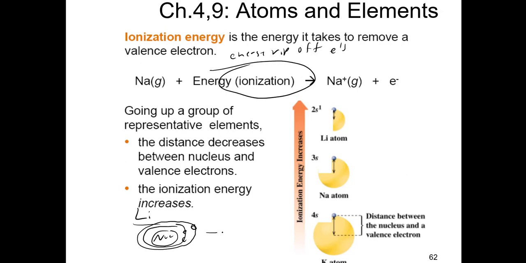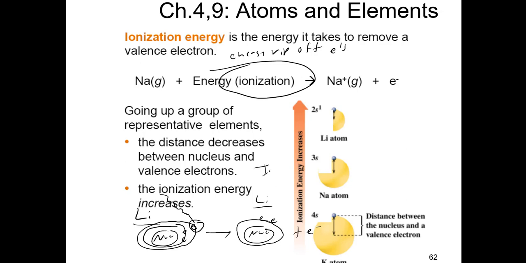Now, it turns out that it's possible to apply a whole bunch of energy to rip off that electron. It then leaves this over here, a lithium with a missing electron.